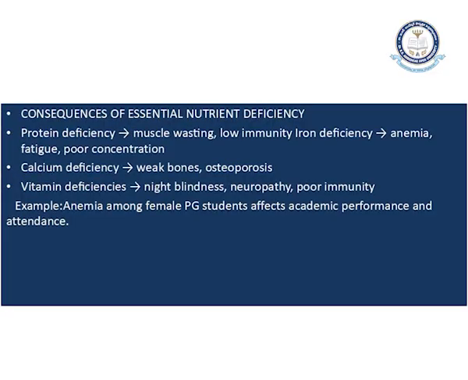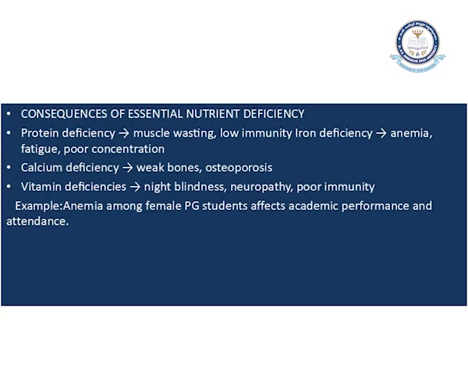Now, what are the consequences? We have known about the importance and what are the nutrients that are important. Now, let's come to the topic of consequences of essential nutrient deficiency. What happens if the nutrients are deficient? Protein deficiency causes muscle wasting and low immunity. Iron deficiency causes anemia, fatigue, and poor concentration.